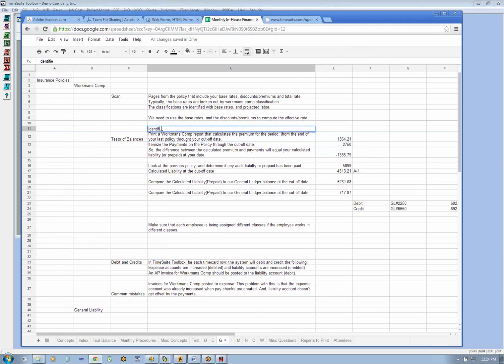Okay, so maybe we say identify from the end of your last policy through the cutoff date, or another way to say it is from the beginning of the current policy, right?